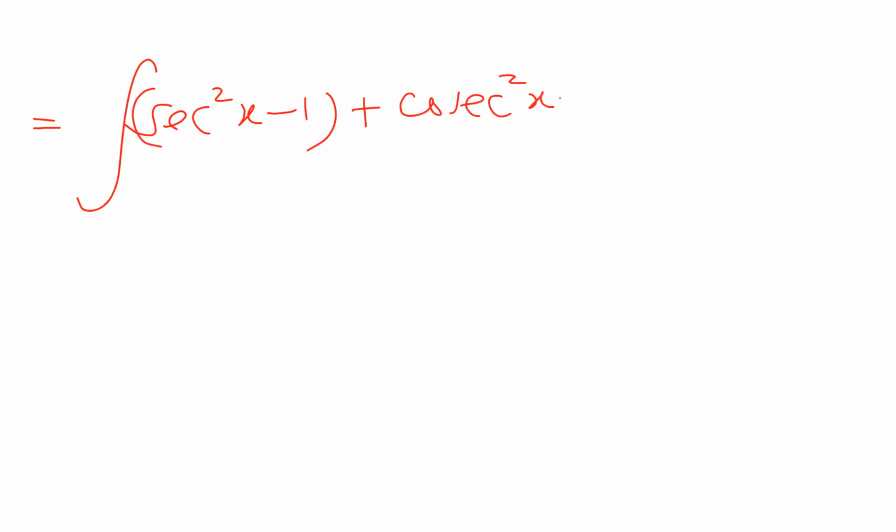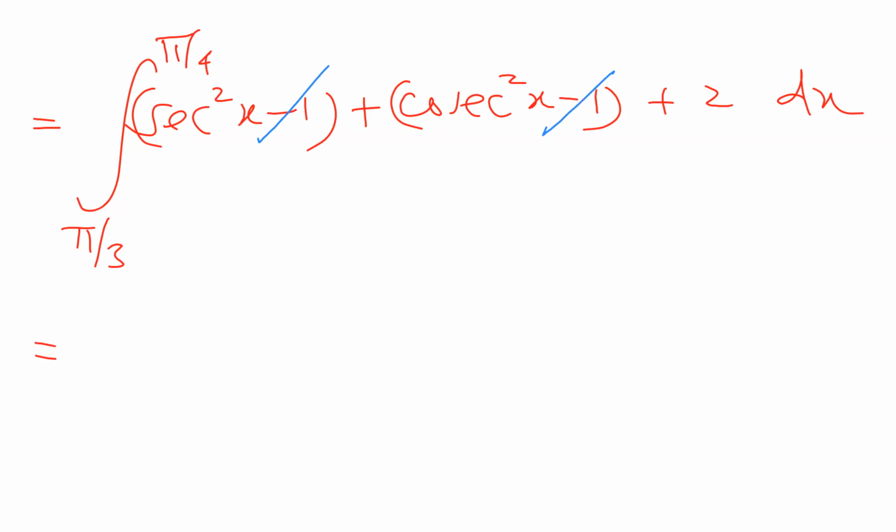So next step: sec square x minus 1 plus cosec square x minus 1 plus 2 dx, from pi by 3 to pi by 4. If you take a look at the step I have written, minus 1 minus 1 and plus 2 will get cancelled.